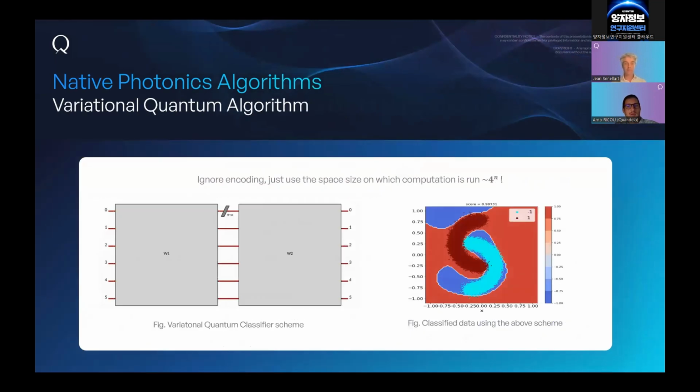We're also able to encode a variational quantum algorithm. So we take our chip, we have some parameters of the chip, and then given the output distribution, we compute a loss function with the parameters being the parameters of the chip.